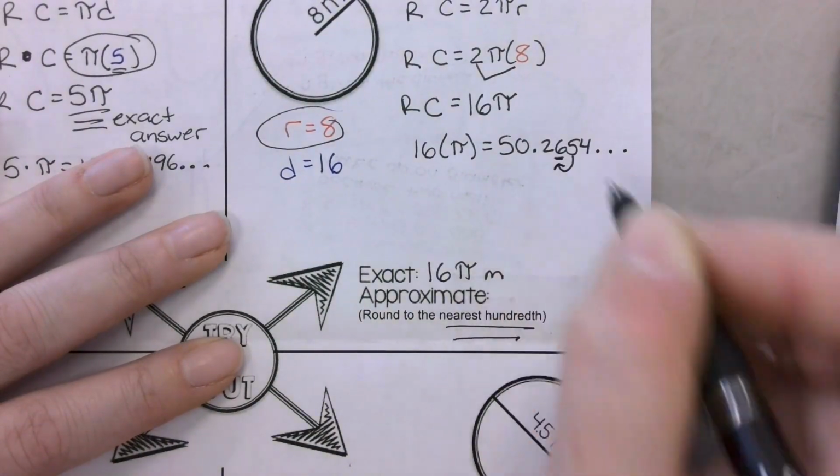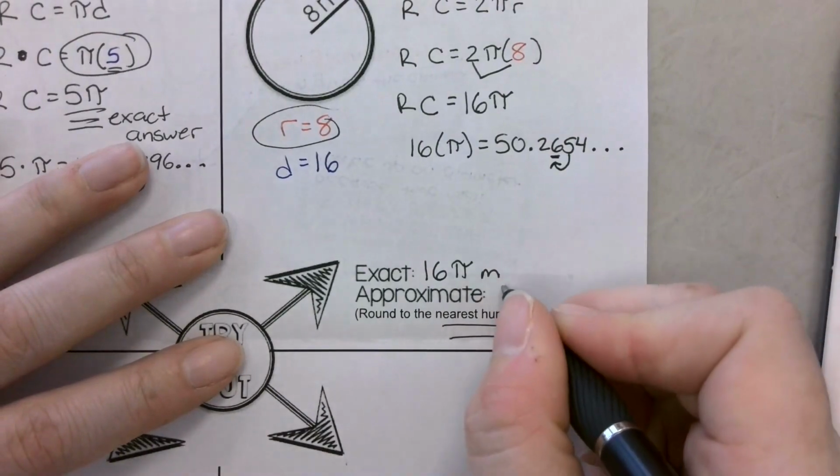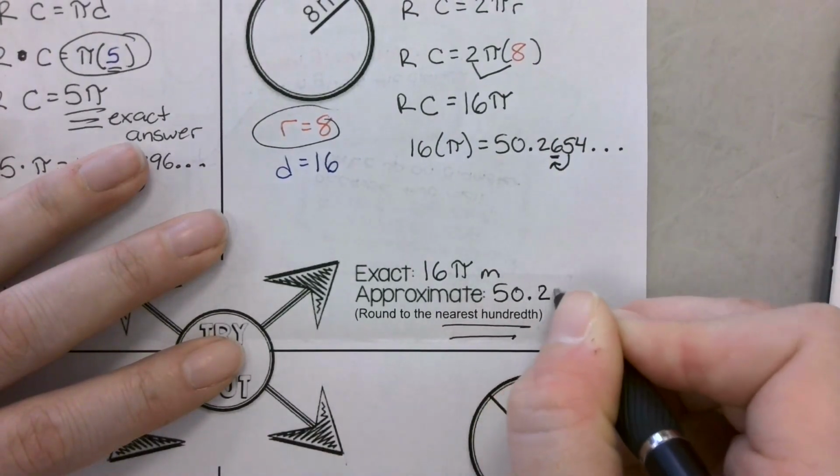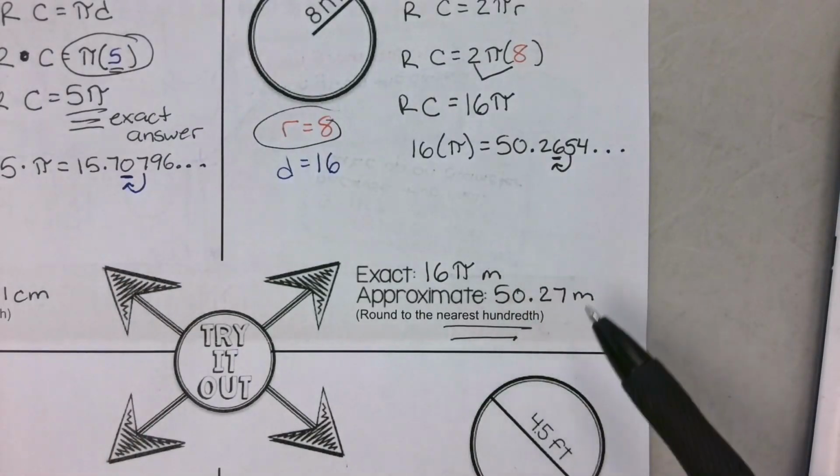Does that 5 tell the 6 it wants to stay a 6 or become a 7? It will become a 7. So you have 50.27 meters. We have our exact, which is in terms of pi, and our approximate, which is our rounded decimal.